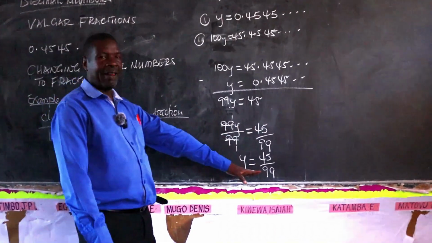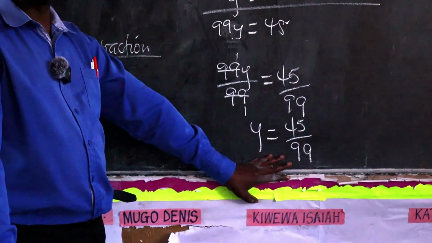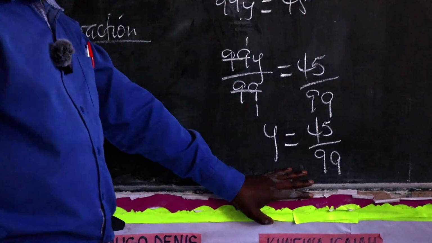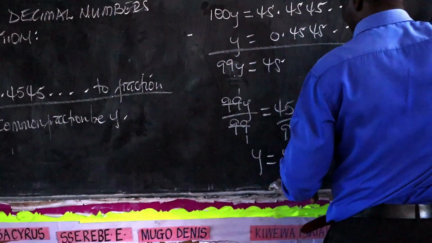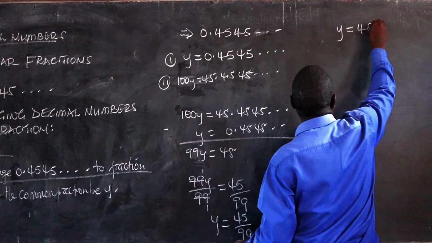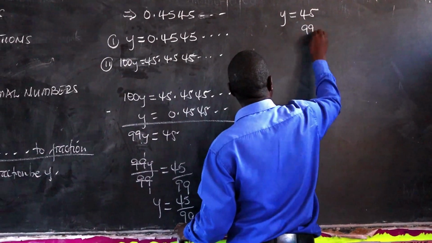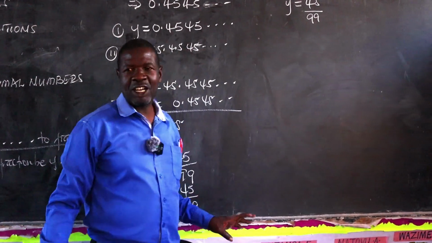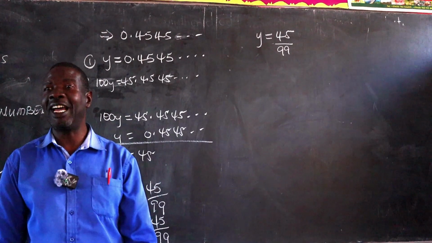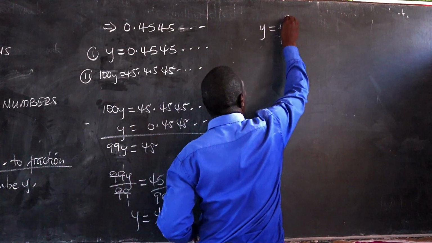So when we reach here, we are going to reduce the 45 and the 99 by looking at the common factor. On looking at the common factor of 45 and 99, we shall find that the common factor is 9. If you divide 45 by 9, you get 5.